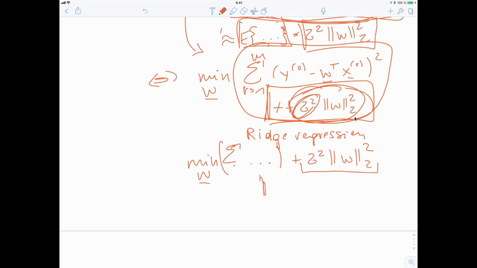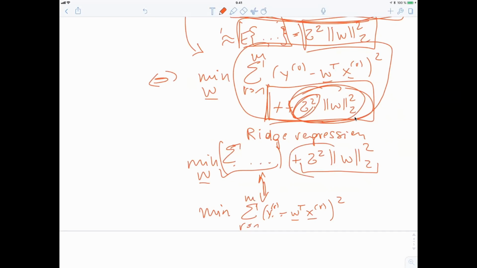So this is equivalent to minimizing what we had here, the training error, the sum of y_r minus w transposed x_r, squared.